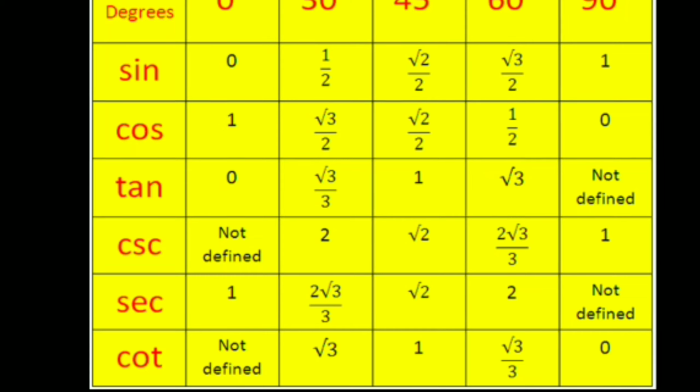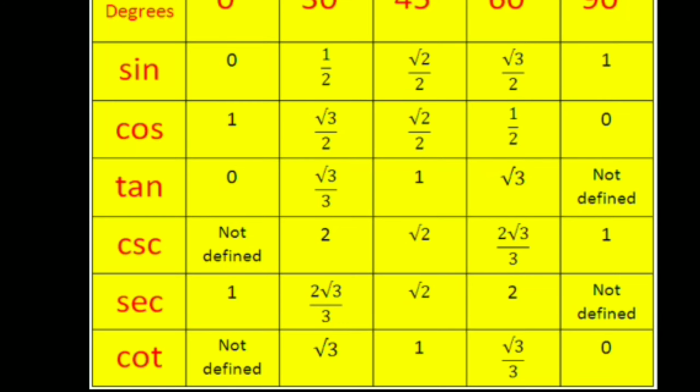Cosec 30 is 2, cosec 45 is root 2, cosec 60 is 2 upon root 3, and cosec 90 is 1. Now sec 0 is 1, sec 30 is 2 upon root 3, sec 45 is root 2, sec 60 is 2, and sec 90 is not defined.